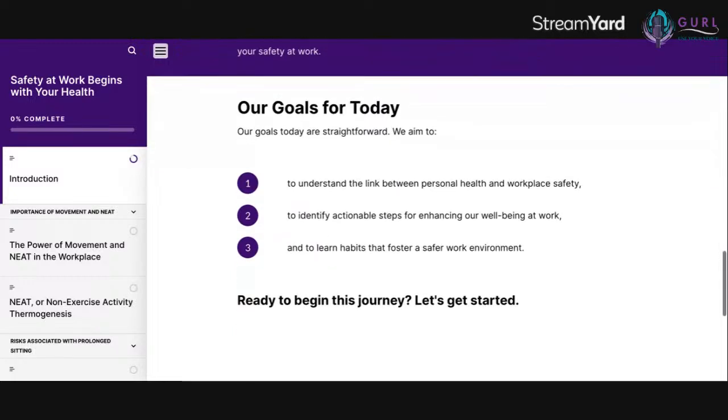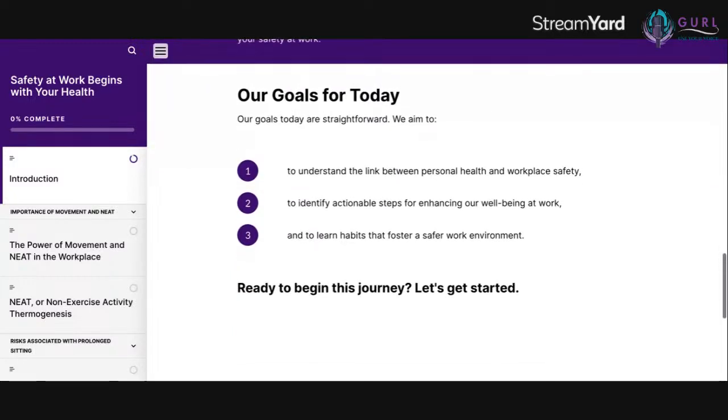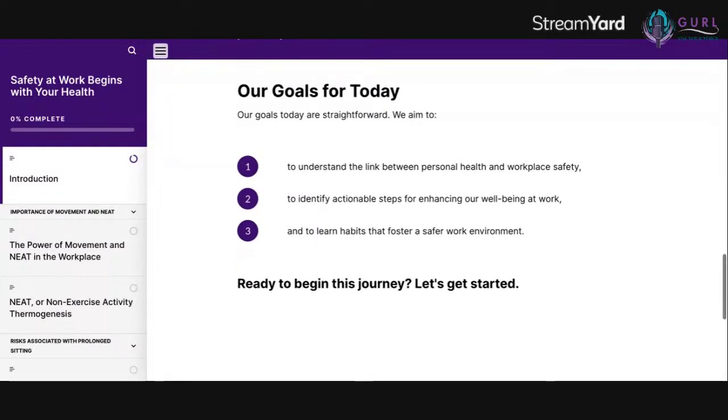Our goals for today are straightforward. We aim to, one, understand the link between personal health and workplace safety. Two, to identify actionable steps for enhancing our well-being at work. Three, to learn habits that foster a safer work environment.